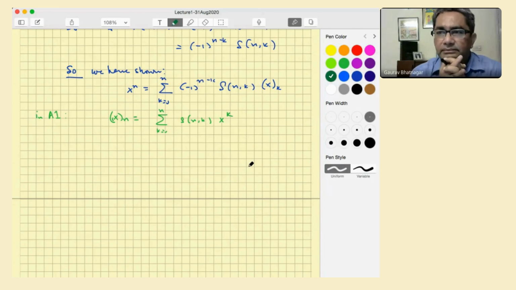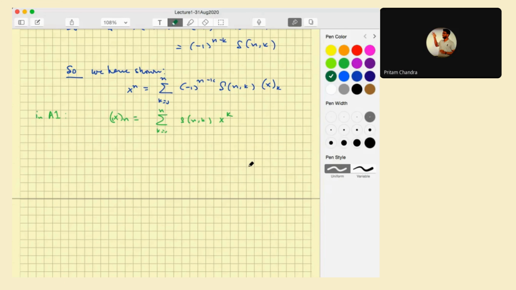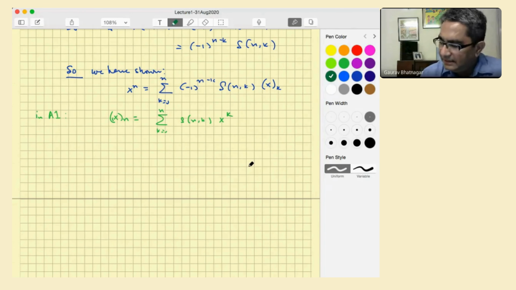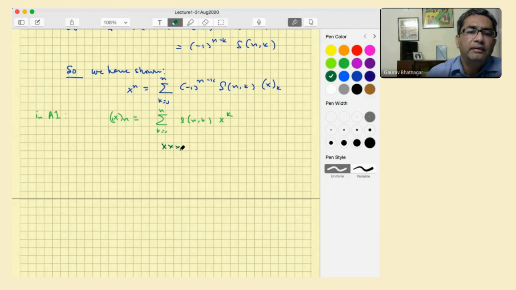Go ahead. So, does it mean that if we take the inverse of this matrix of small s_{n,k}, we'll get the other matrix, which is (-1)^(n-k) capital S_{n,k}? Exactly. So you took the words right out of my mouth. So this is Preetham's observation.